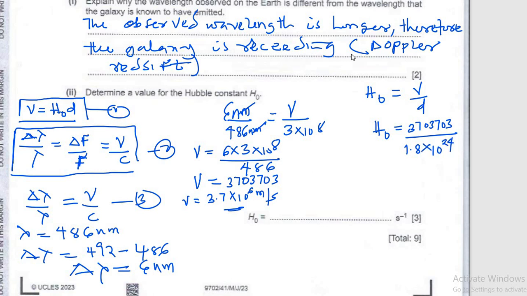Okay, make use of your calculator: 3703703 divided by 1.8 times 10 to the power 24. At the end of the day, we have the value of Hubble's constant to be 2.06 times 10 to the power minus 18. The unit for Hubble's constant in this case is per second.